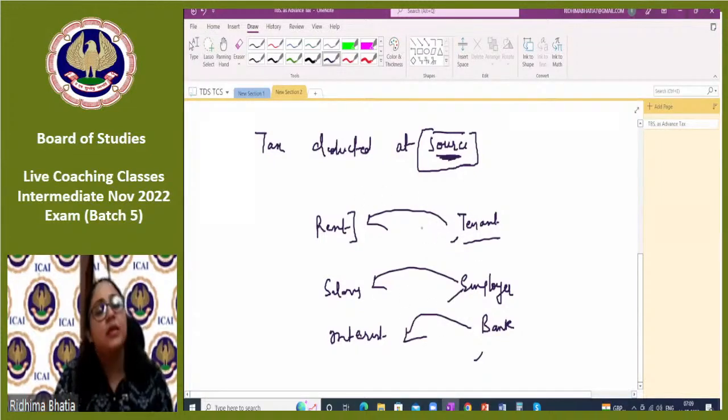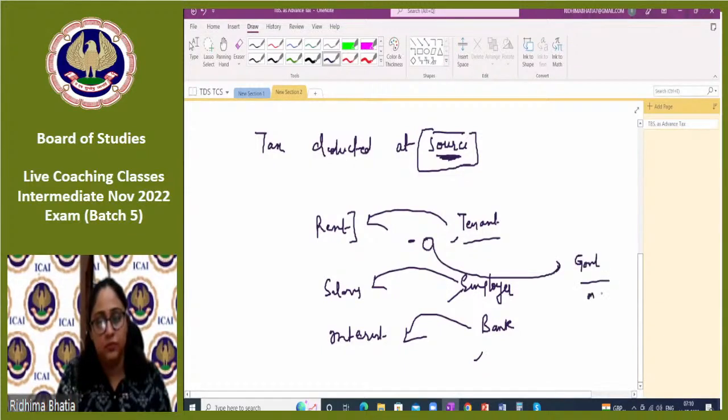While making the payment, they will deduct a certain percentage and deposit that percentage to the government on my behalf. On my behalf means on behalf of the one whose income this is. Who is the payer? Didn't understand? So who is the source?